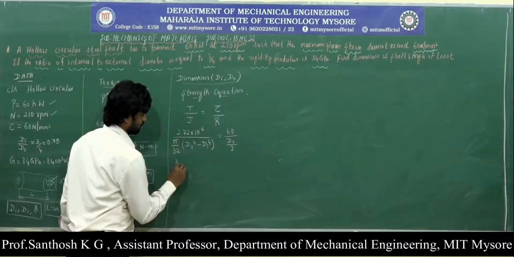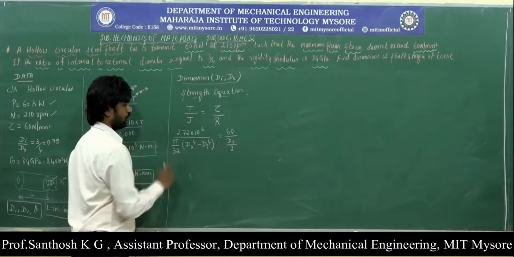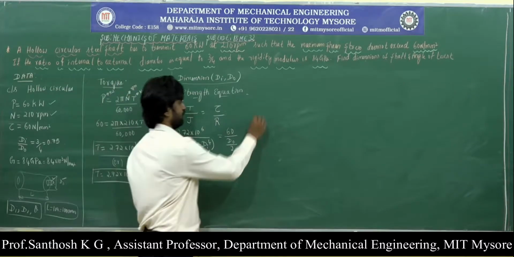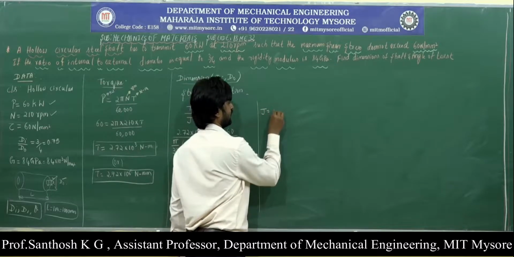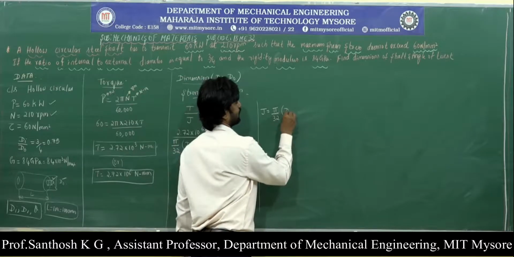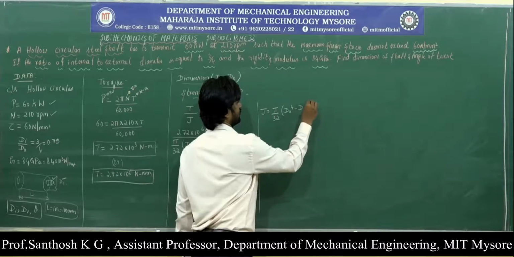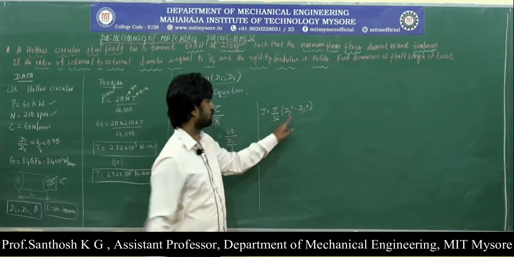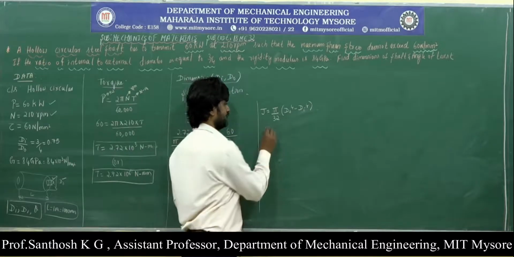Before rearranging the terms, first I will simplify the value of J. J is pi divided by 32 into d naught to the power of 4 minus di to the power of 4. In this term I will take d naught outside the bracket.